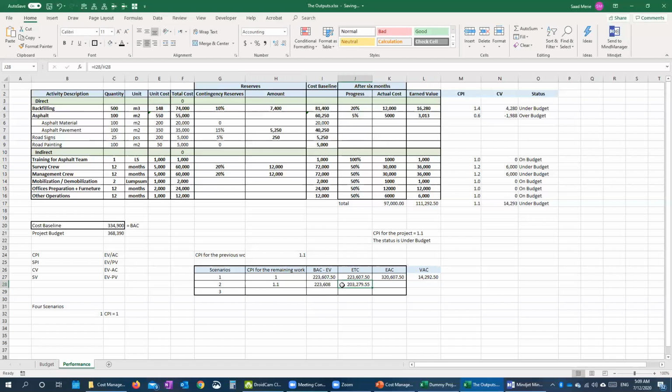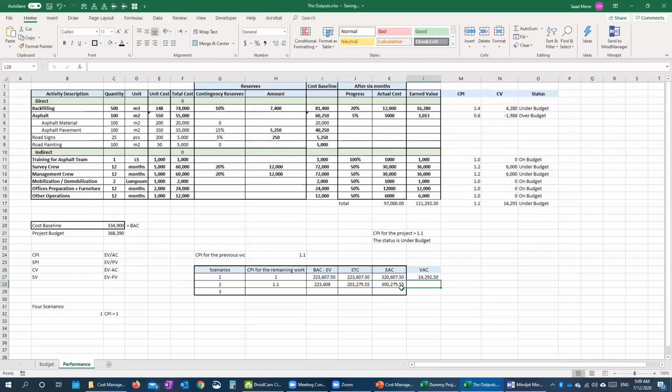The difference between those two numbers is that this is the number I have a budget for the remaining work. So I am planning to spend 223 for the remaining work. But because my performance is going to be good, I'm not going to spend all that money. I'm only going to spend 203,000. And then the EAC again equals ETC plus the actual cost.